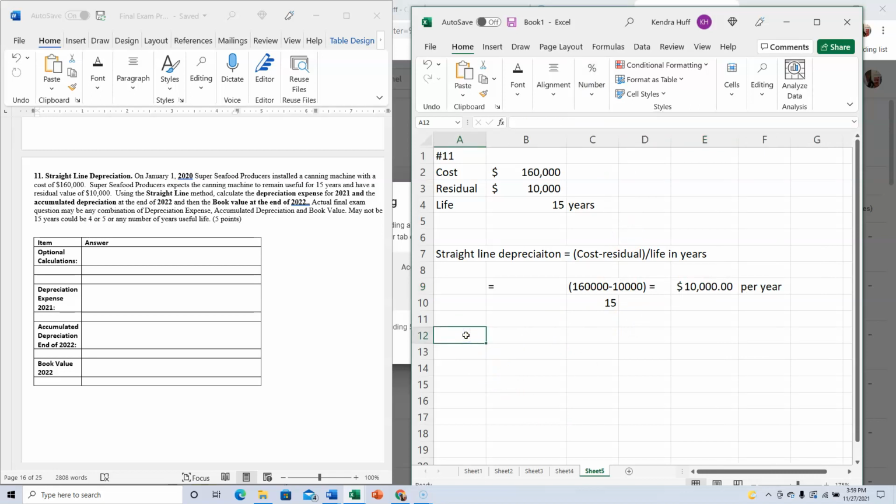All right, so if you want to, you could set up a little table, or you could just add it up. So you would have 2020, when you do 2021 and 2022. I'll move this down a little bit.